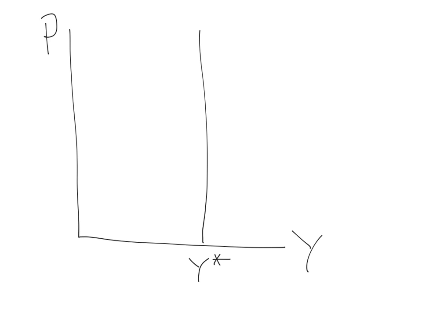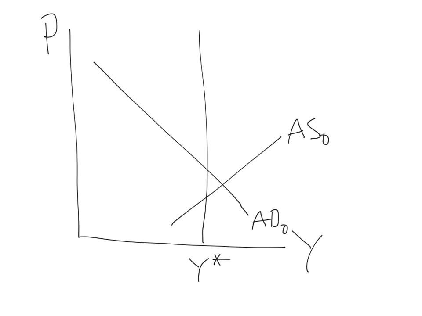We've got the Y star, the initial aggregate demand, the initial aggregate supply, and the economy is at P0 and Y0. So the economy is doing better than normal. Output is higher than potential output. What the government needs to do now is slow down the economy and bring it back to potential output.